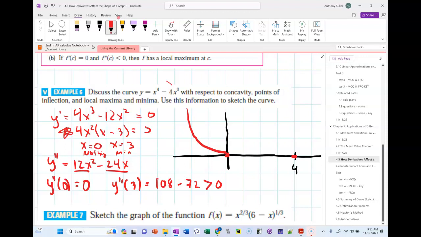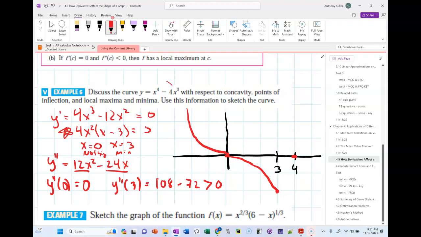Once I get to positive values, let's put 3 in there. So we'll pick that as a minimum. This is going to change concavity now and still go down to our minimum. And then from 3 on, we're going to get negatives again, right?